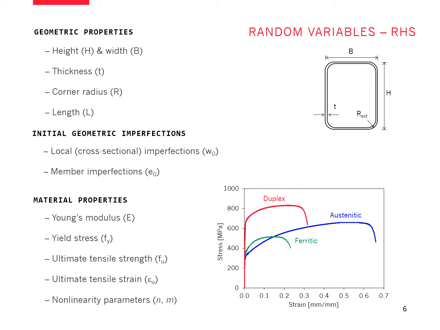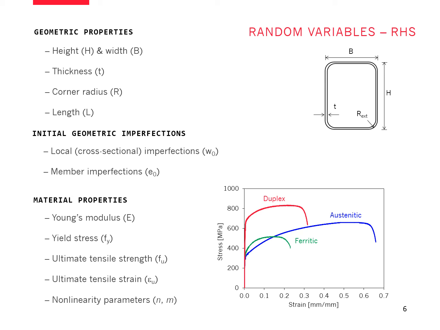The random variables that have been investigated in this paper for rectangular hollow section members refer to three main categories, which are the geometric properties, initial geometric imperfections and material properties. Geometric properties included the outer section dimensions, thickness, corner radius, and member length, while initial imperfections at local and member levels were investigated.